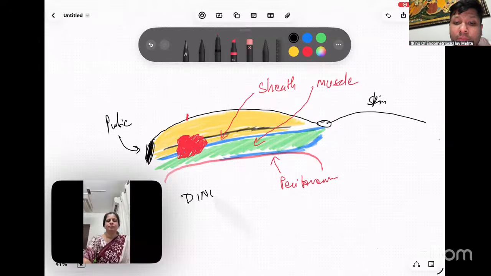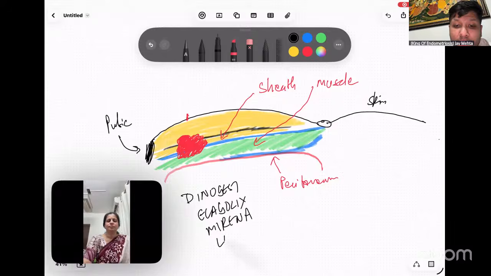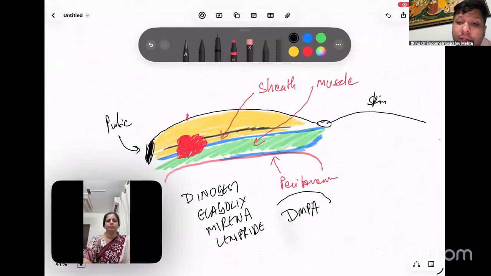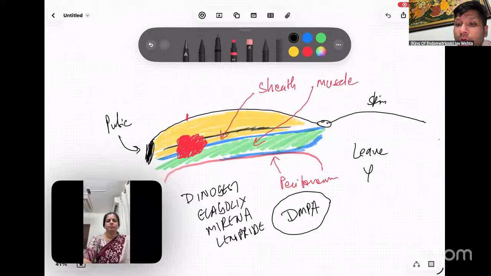Remember, if you have been fooled by giving Dynogest, if you have been given this new cute little thing called elagolix, if some stupid person has put Mirena inside you, or if somebody has gone one step beyond all of this and has given you Lupride depot, and in some villages, I have seen people who have really lost their mind and they have even administered DMPA to the patient. In all these situations, what is going to happen is the patient is simply going to do this. The patient will leave you and the patient will go to a specialist.